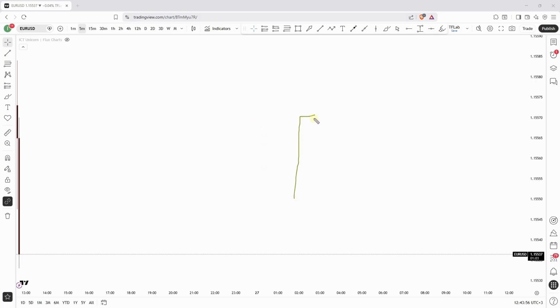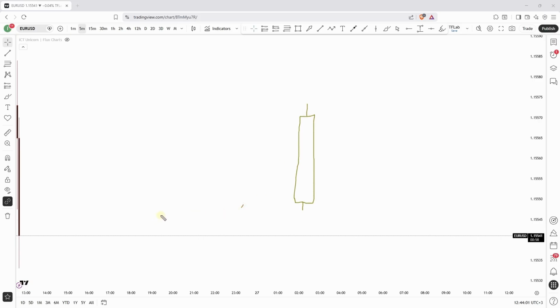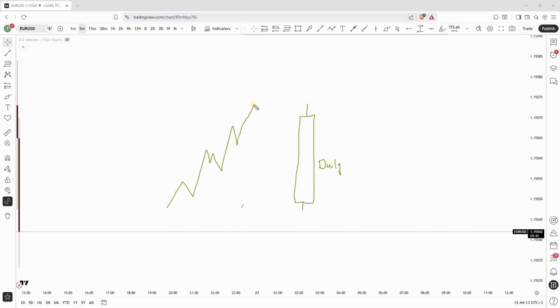If we assume that we have a profitable candlestick and it started from here, this daily candlestick is moving in the lower time frames. It moves like this until it actually reaches the liquidity area. If there is liquidity here, this daily candlestick is moving toward that level.